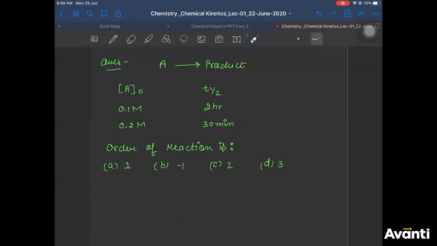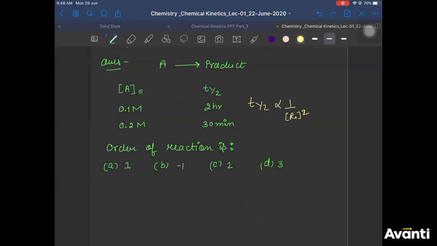You see here, your T half is decreasing as the initial concentration increases. That means my T half is inversely proportional to initial concentration. Now it can be power 1, it can be power 2 or anything.